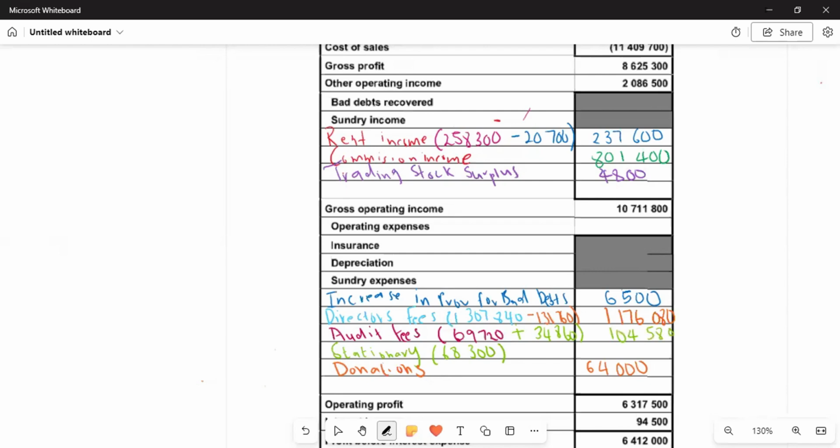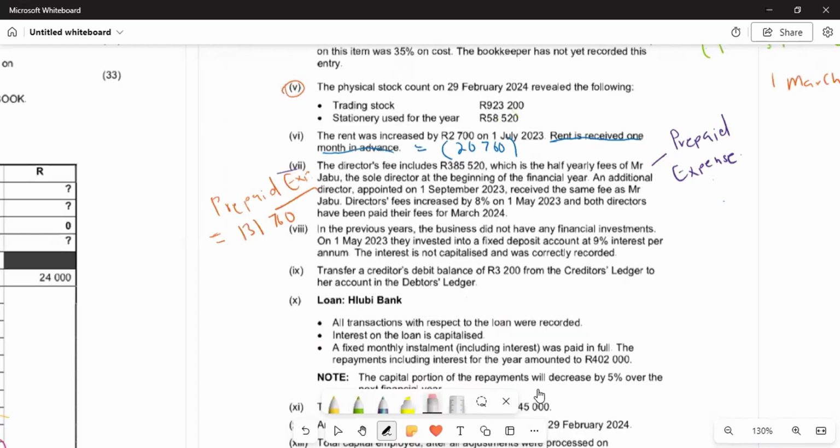Now, lastly, stationery. So here we are given the balance, but they said the actual stationery that we used for the year amounted to 58,520. Now this is the expense. This is part of your expense, right? Because the balance that we were given on our list of balances represents stationery which was there.